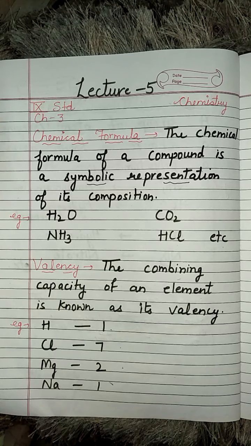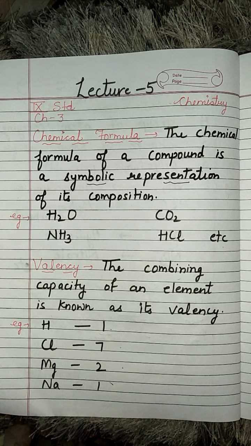One thing you should make clear: the elements from atomic number 1 to atomic number 20, along with their symbols and valencies, should be learned by you. It's better to learn them now itself, because they will help you in this chapter, in the next chapter, and even in higher classes.